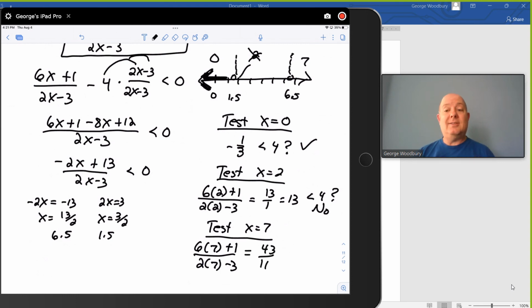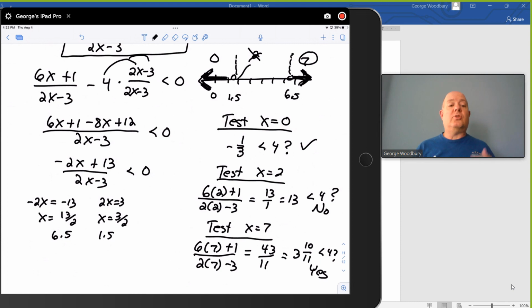Now I can divide this on my calculator and get a decimal. I'm going to think of this as a mixed number though. 11 goes into 43 3 times with 10 left over. 3 and 10 over 11. Is that less than 4? It is. And so 7 is a solution, and everything in that far right interval is as well.